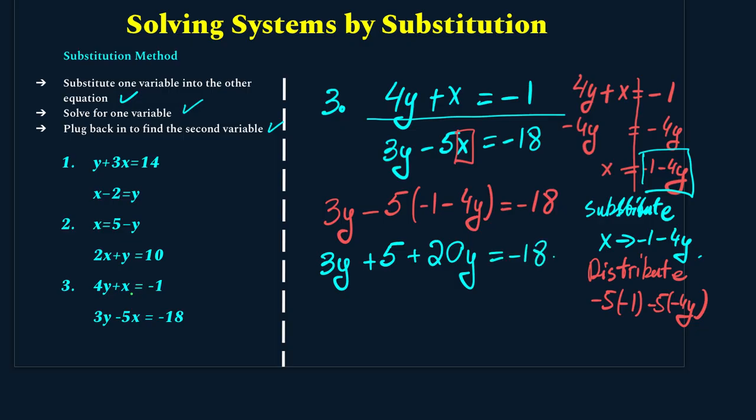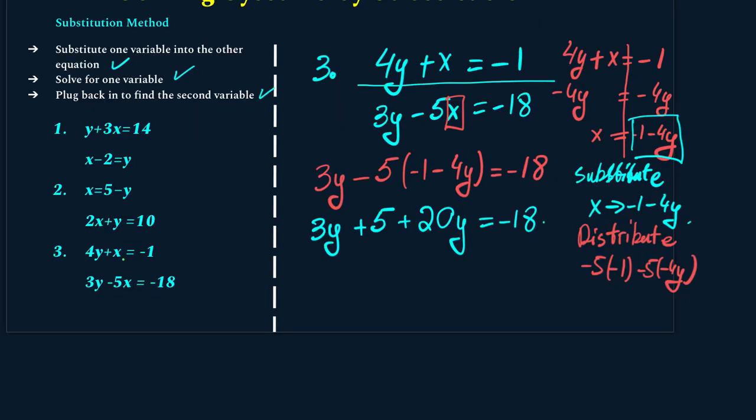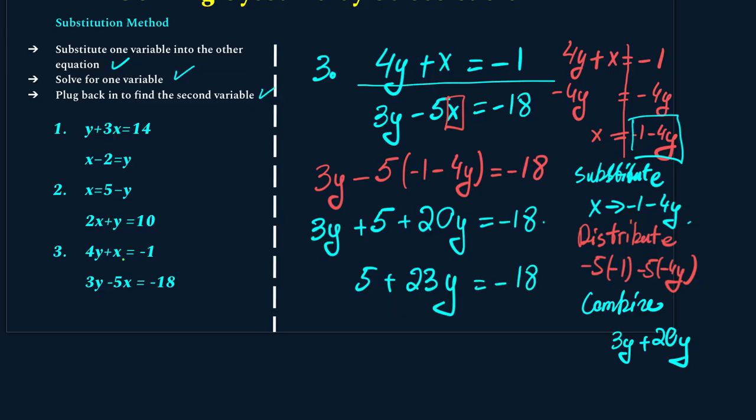Then I'm going to rewrite everything else the same. Let's go ahead and combine our like terms, which will be 3y plus 20y. Okay, so 5 plus 23y equals negative 18.